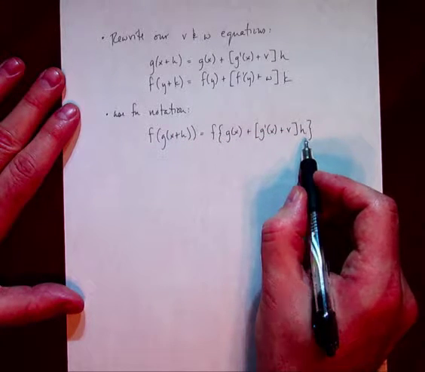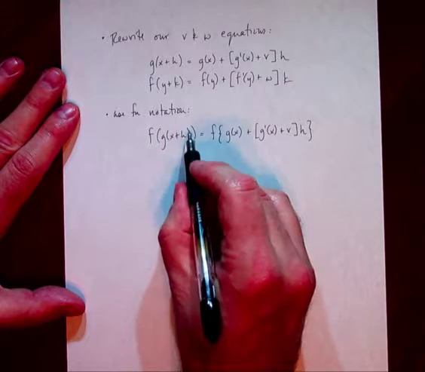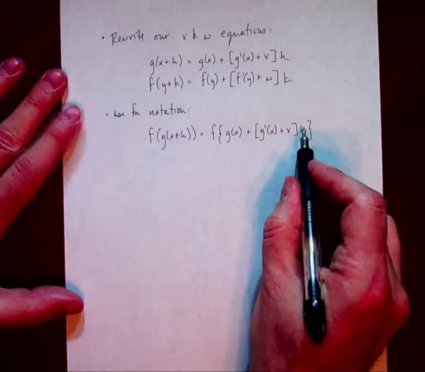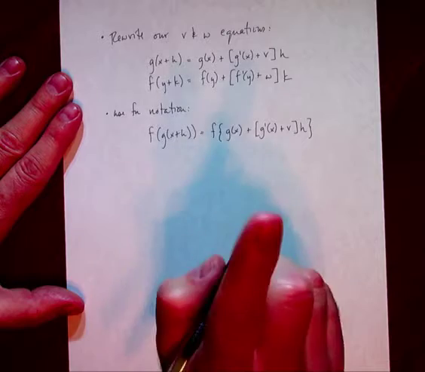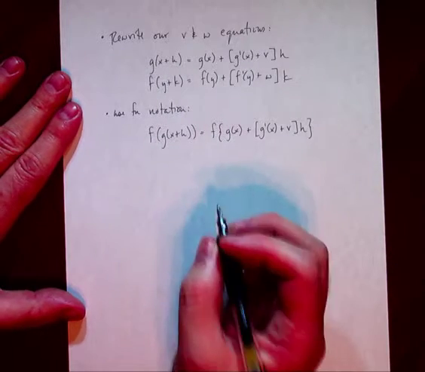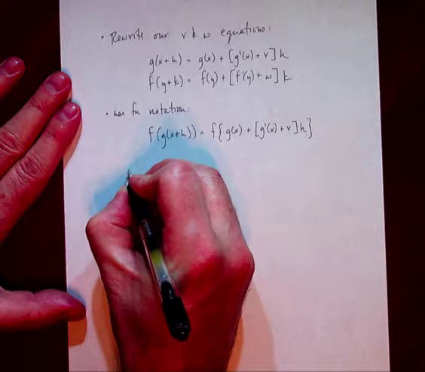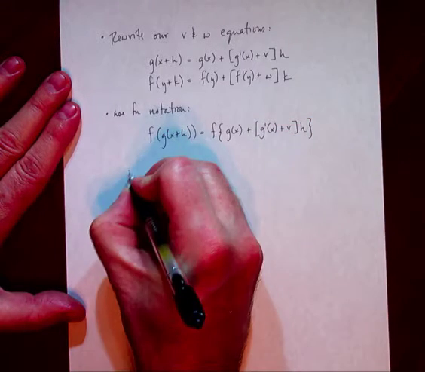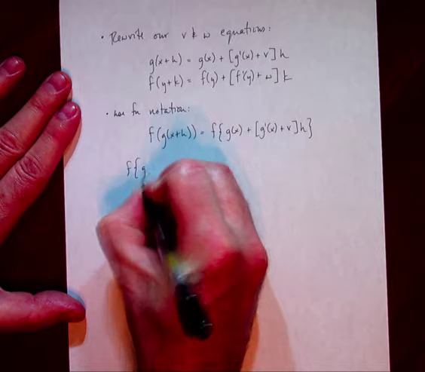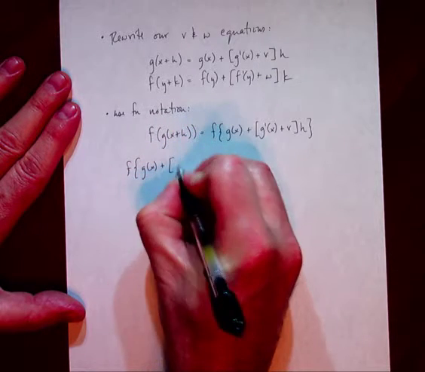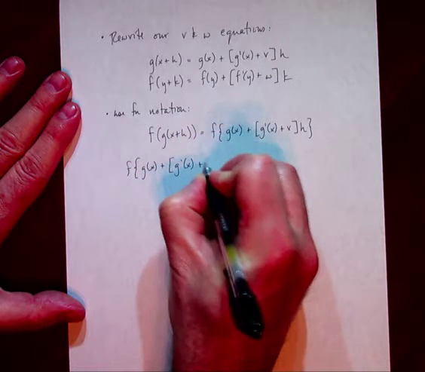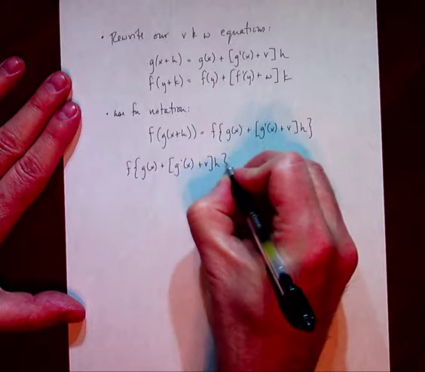So basically we're just replacing one representation for the other. Now, basically this winds up being f of g of x plus g prime of x plus v times h.